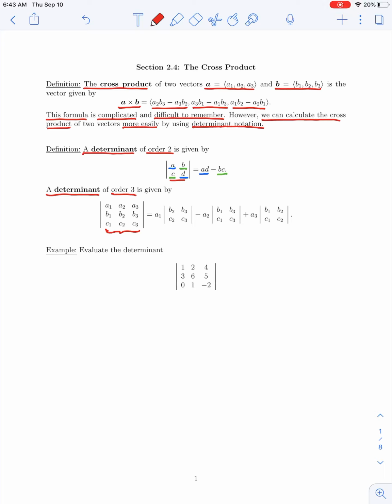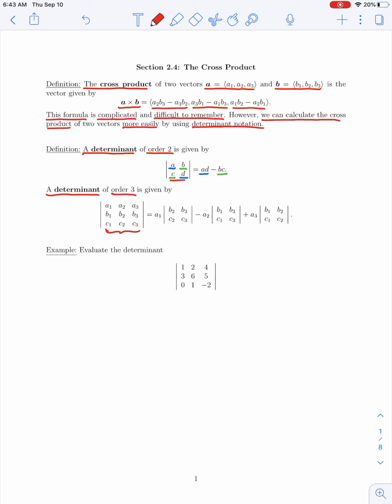So again, the determinant of a matrix is denoted by putting these vertical bars around the matrix. Again, looks sort of like an absolute value. And for the determinant of a 3x3 matrix, we're calculating it as follows.